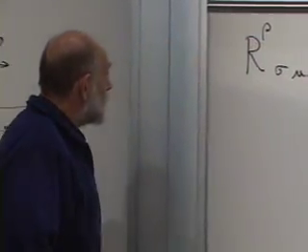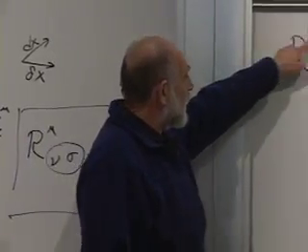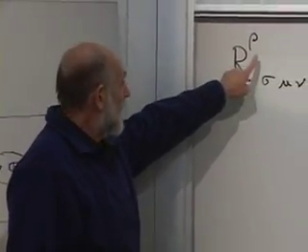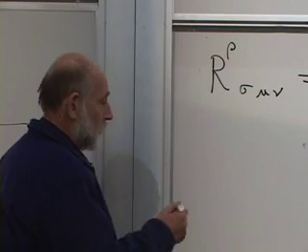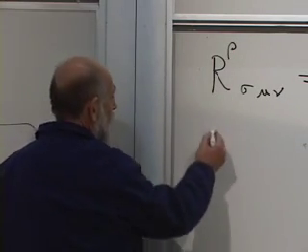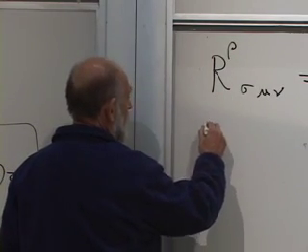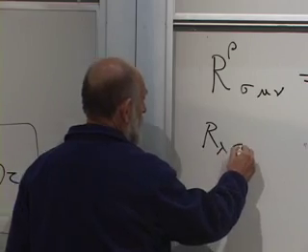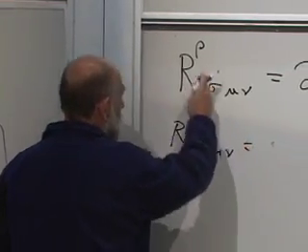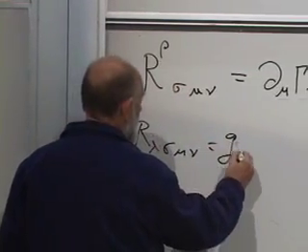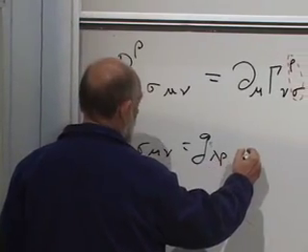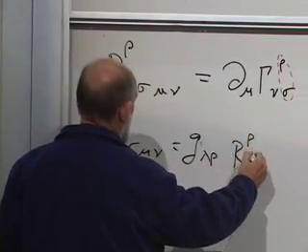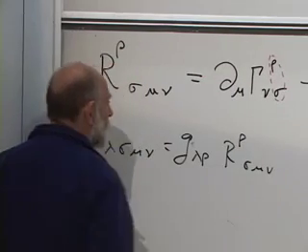To see the symmetries best, it's best to lower this index. I can lower this index the usual way. Supposing I want to define R lambda sigma mu nu, I just multiply by G lambda rho times R rho sigma mu nu.